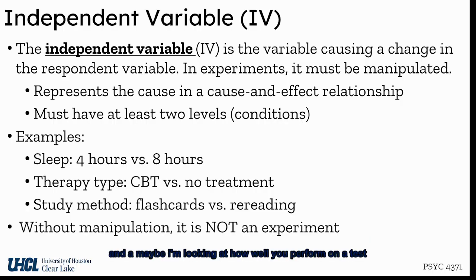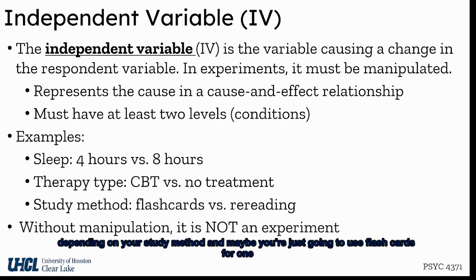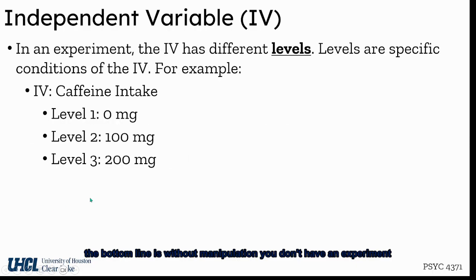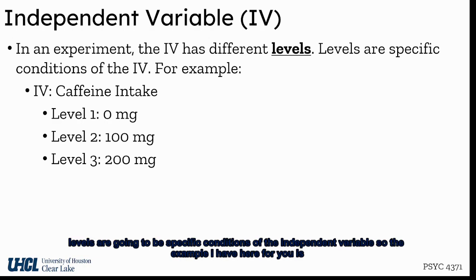And then maybe I'm looking at how well you perform on a test, depending on your study method. And maybe you're just going to use flashcards for one, and the other you're going to reread your assignment notes. The bottom line is, without manipulation, you don't have an experiment. So in an experiment, an IV has different levels. Levels are going to be specific conditions of the independent variable.